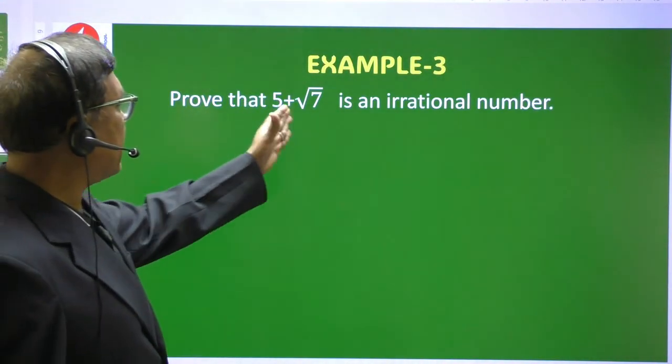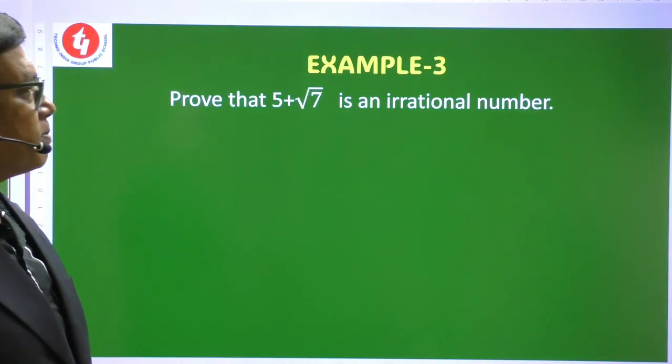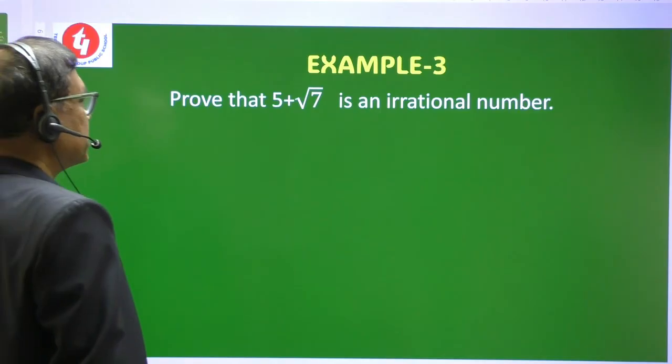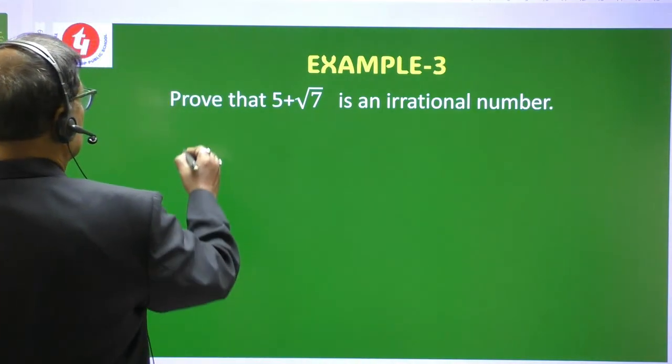Now it will be more clear if I take one example. We have to prove 5 plus root 7 is an irrational number. So how will we prove it? First we will consider it is a rational number.